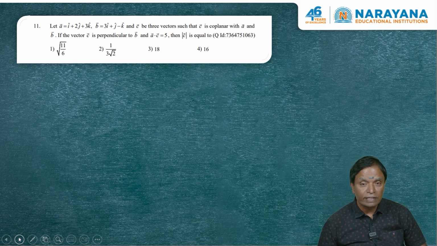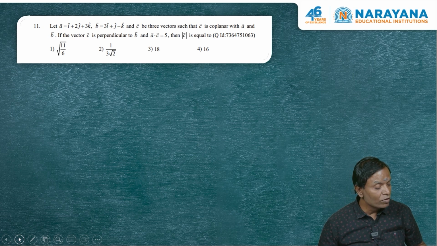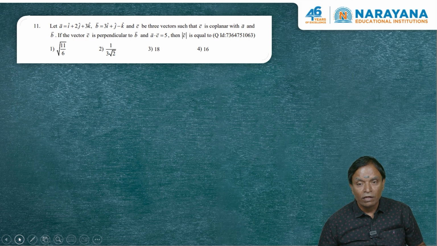You observe the question once again. You are given A bar, and then you are given B bar. You are given a vector C bar which is coplanar with the given vectors, and you are given A dot C is equal to 5. You are asked to calculate the modulus of C.